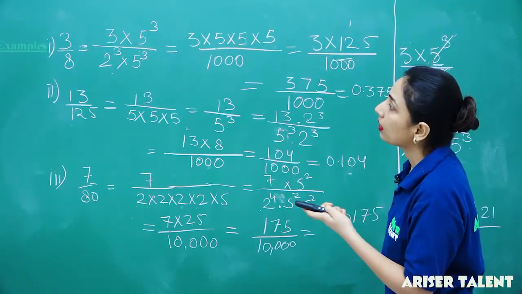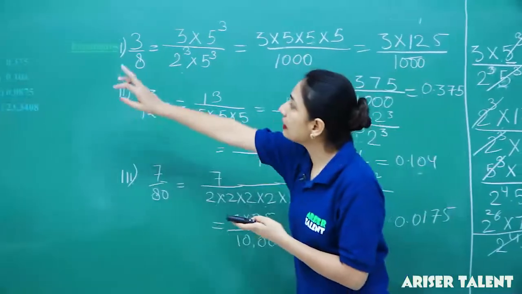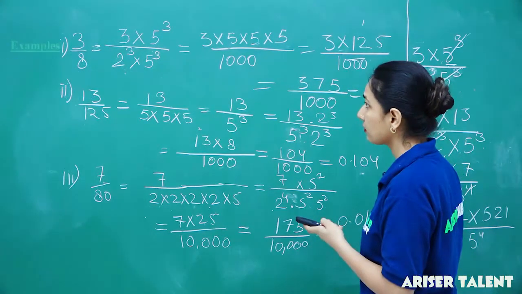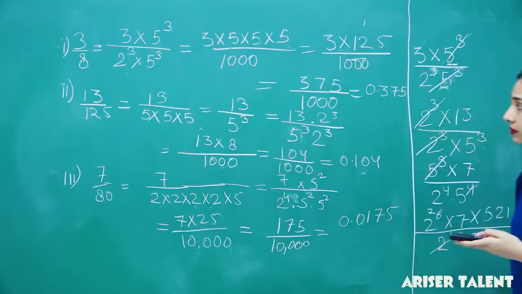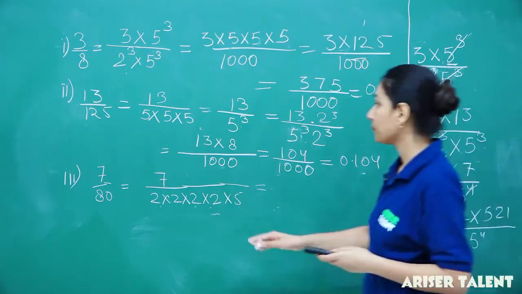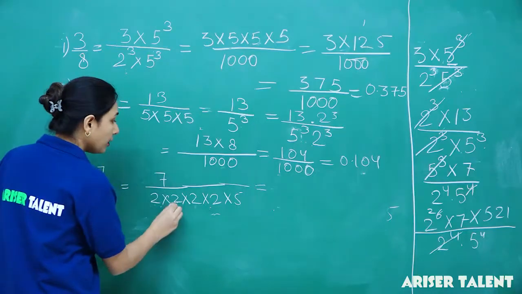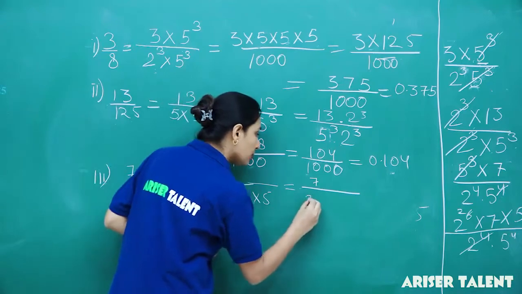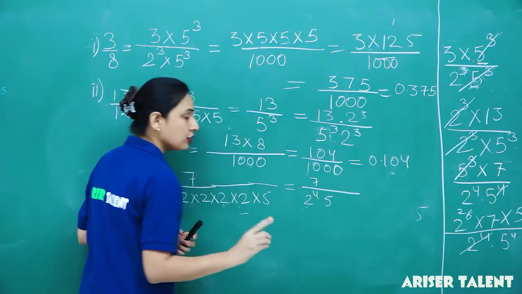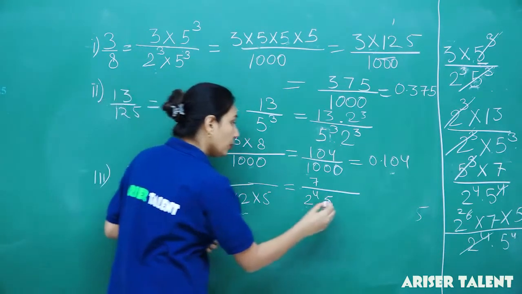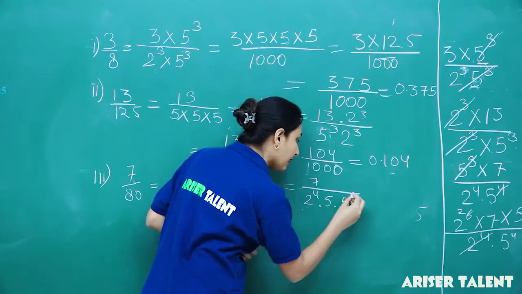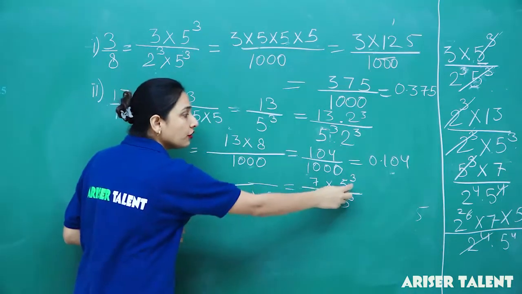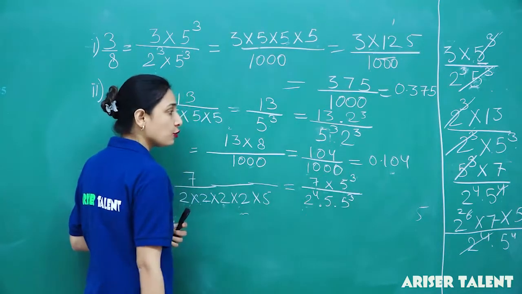Now we have taken these examples. Now, 7 upon 2 raised to power 4 and 5 raised to power 1. Now we will multiply it by 5 raised to power 3, so in the numerator also we will multiply it by 5 raised to power 3.